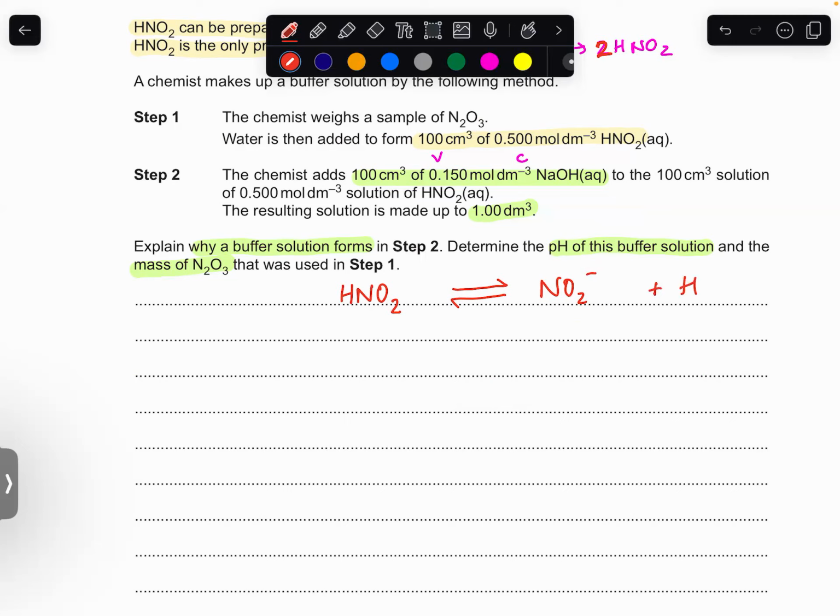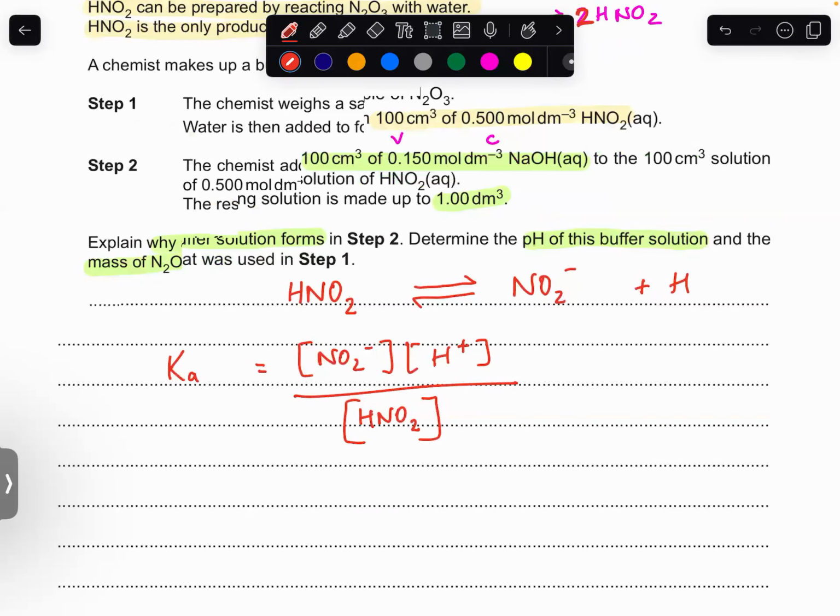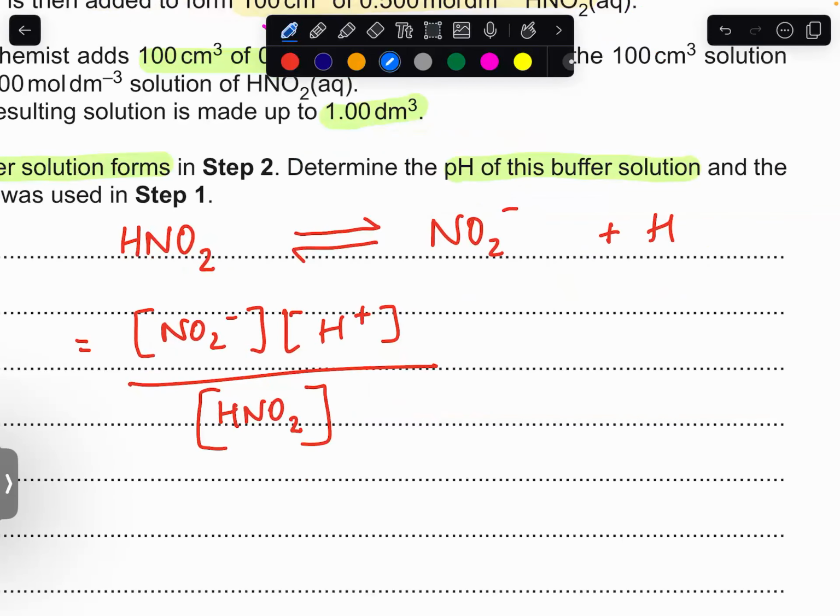Now, we're going to use the Ka expression, which is going to be these products over the reactant, which is dissociating NO2 minus, H plus over HNO2. And just a reminder, in this setup, I'm going to explain to you why a buffer solution has formed.